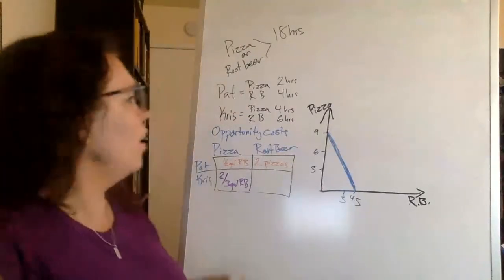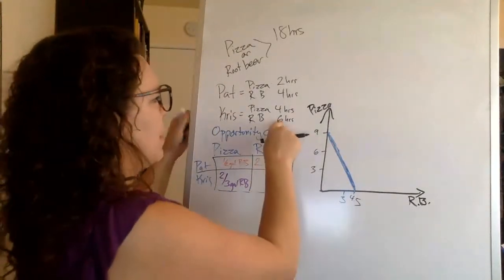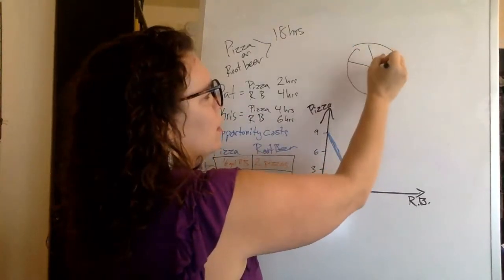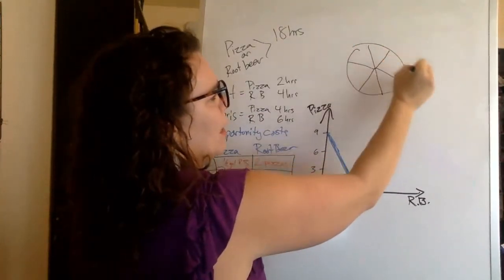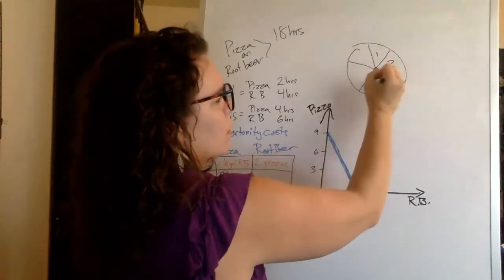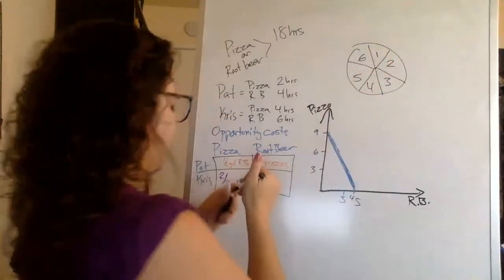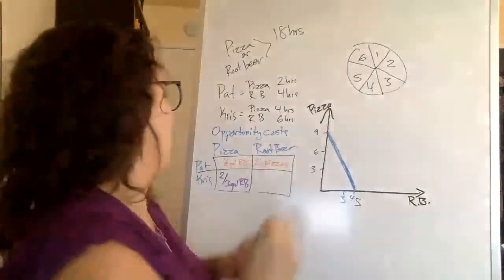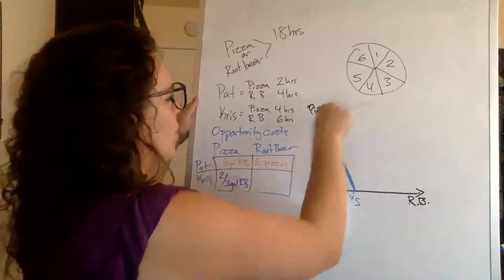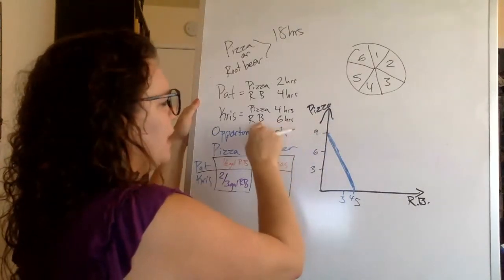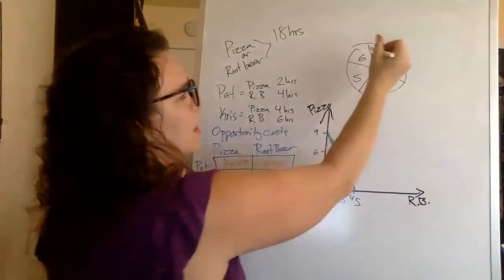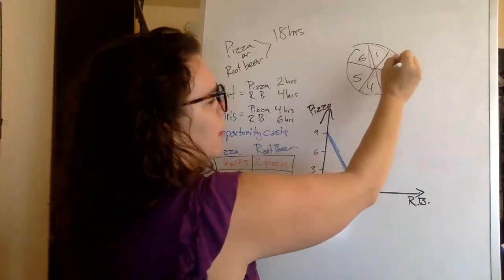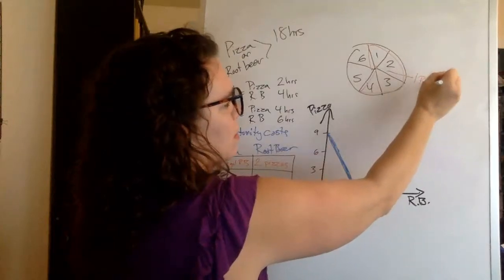So maybe I could say, okay, it takes 6 hours to make a gallon of root beer. So there's 1, 2, 3, 4, 5, 6 hours. So in the 6 hours it would take to make a root beer, if Kris wanted to make a pizza, it would take 4 hours to make 1 pizza.